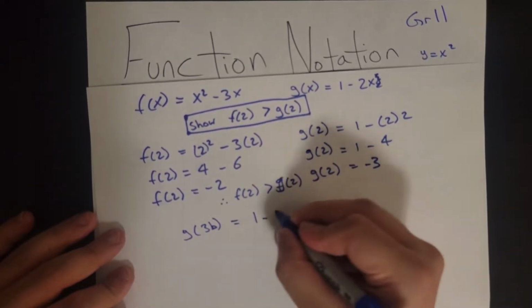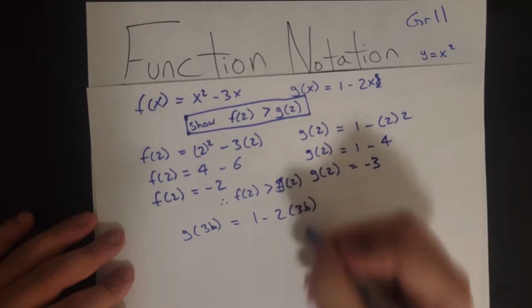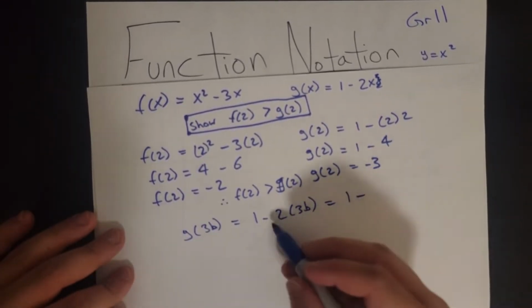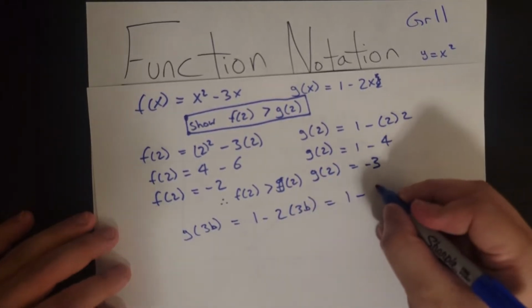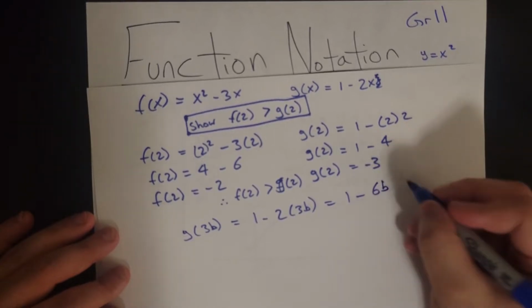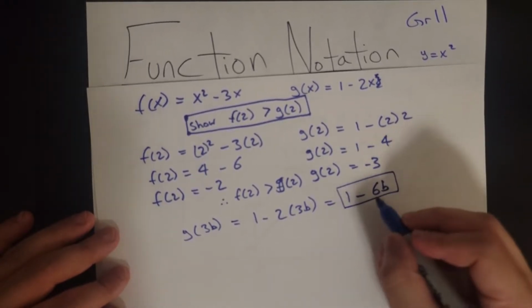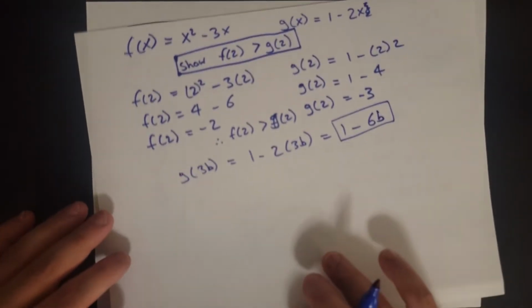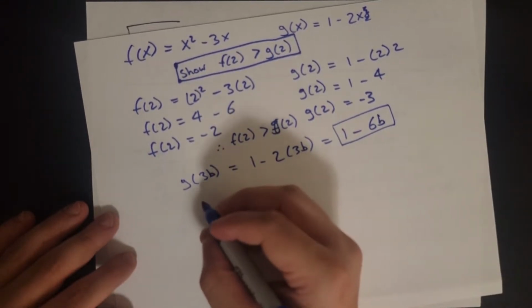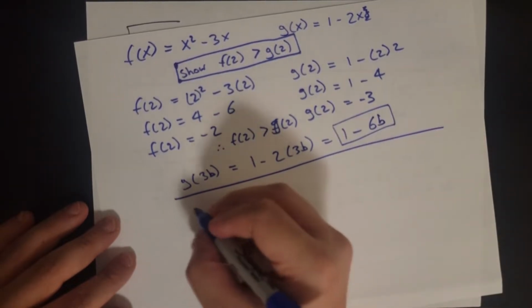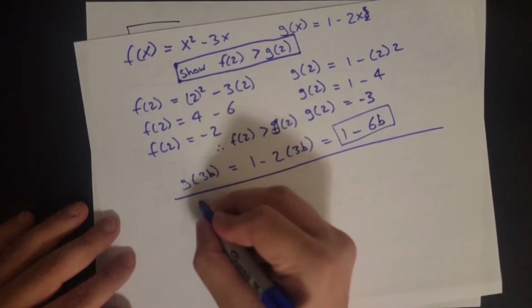I just do 1 minus 2 times 3b, which is equal to 1 minus, and if I expand that, negative 2 times 3 is negative 6, and negative 6b. That is g of 3b. I can also do something a little more complex, let's see, something a little more complicated.